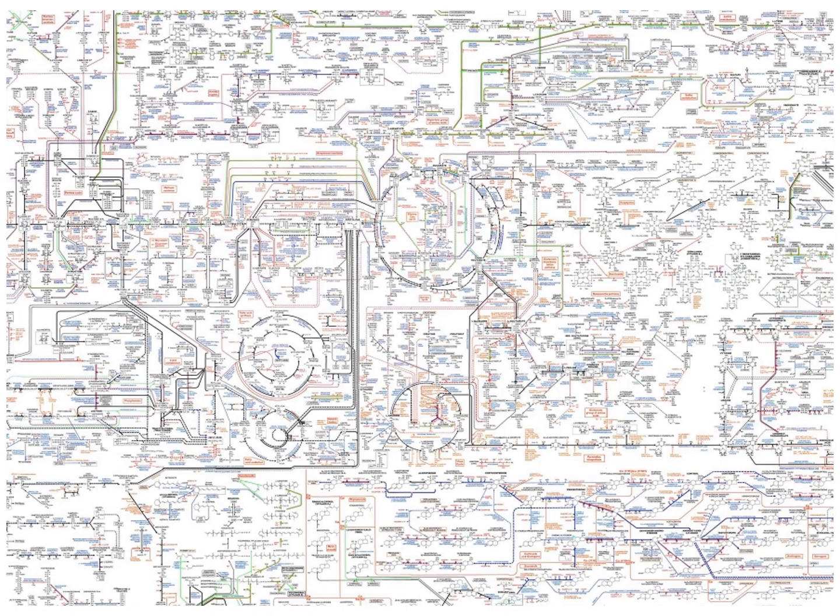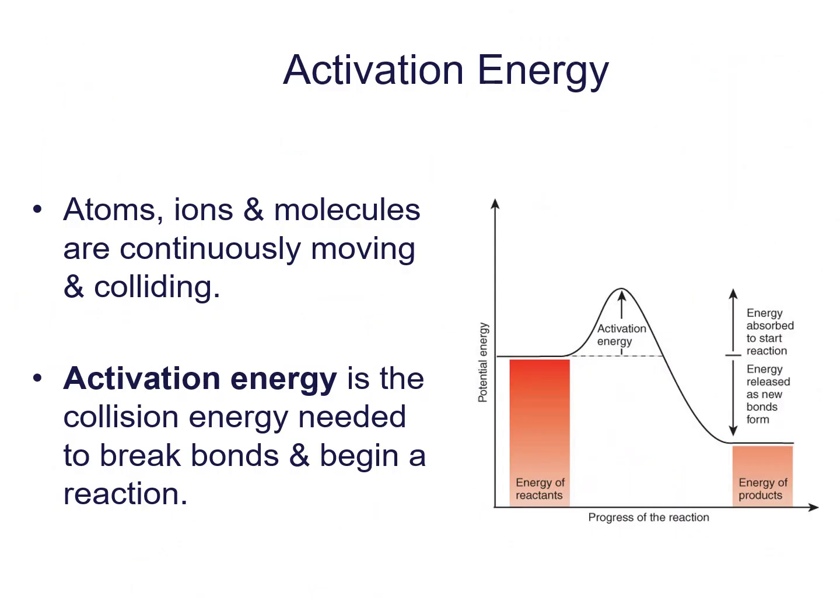As I've mentioned many times now, and hopefully kind of driven the point home, all chemical reactions occur in two parts. We have an investment of energy to break bonds, and then a second step where the atoms are rearranged so that new bonds can form.